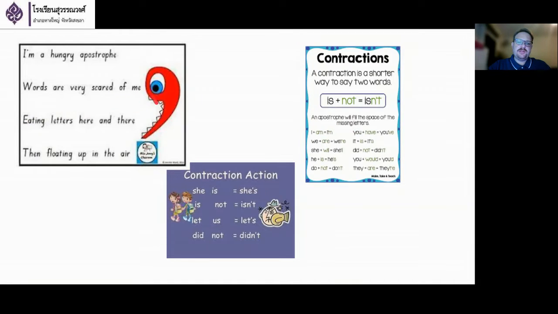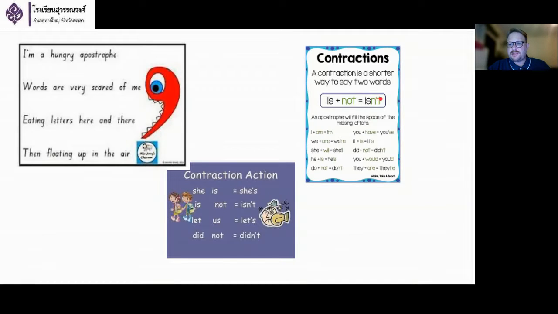So the apostrophe eats the letters out of the second word. Then it shows that he just kind of floats up in between the letters because it wants to be above.